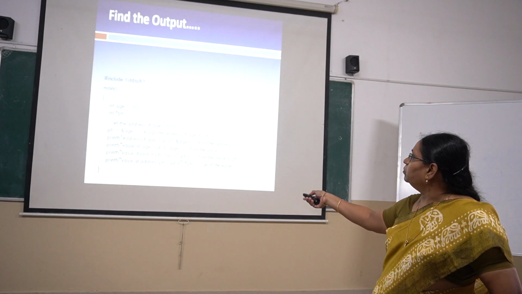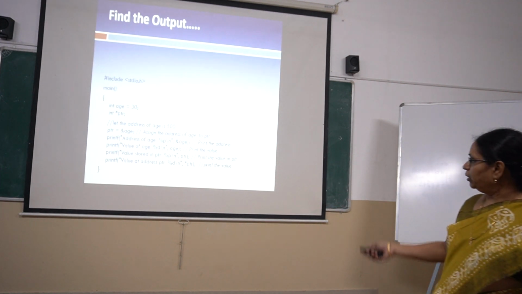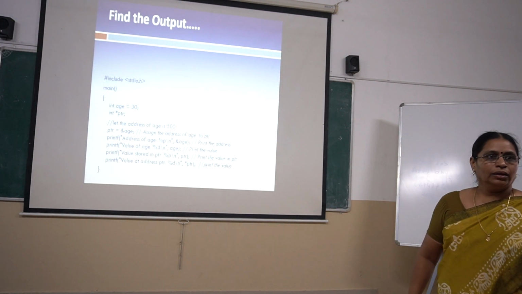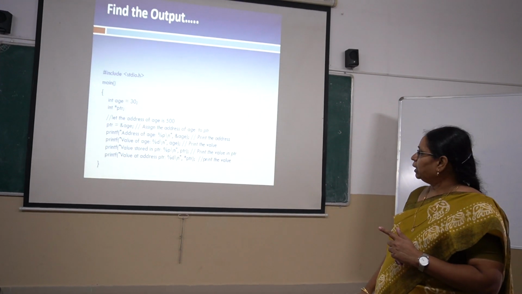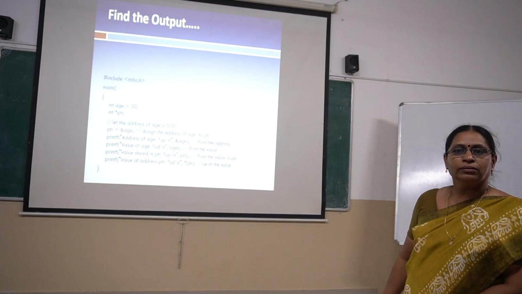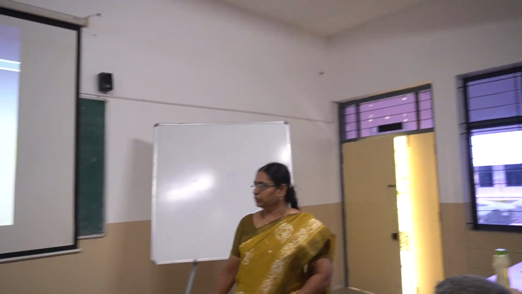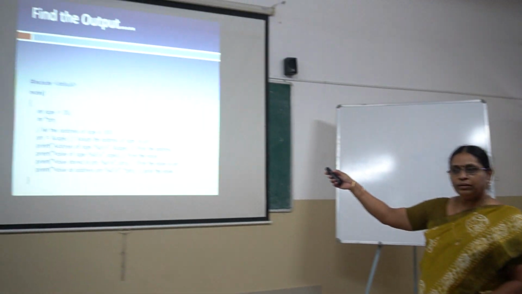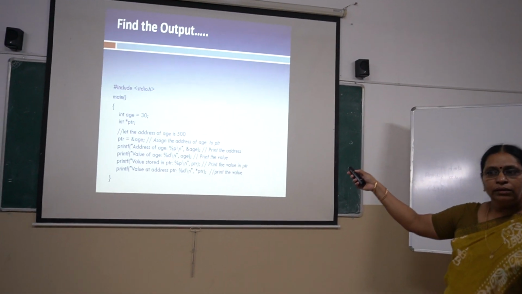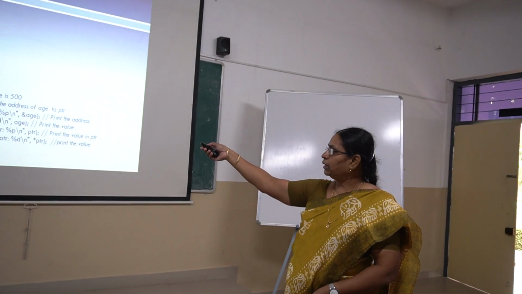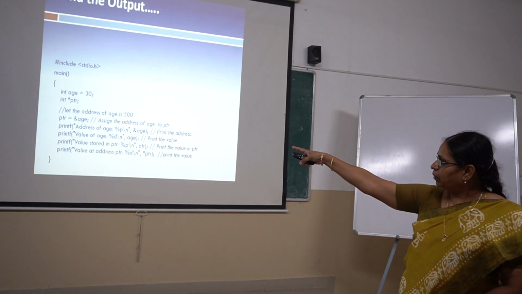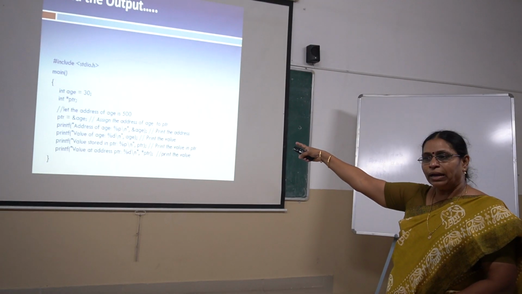One small assignment. Can you find the answer for this simple program? We have already seen this. Here age is equal to 30, and we have assigned the pointer variable ptr using the asterisk symbol. ptr contains the address of age, and the address of age is 500.